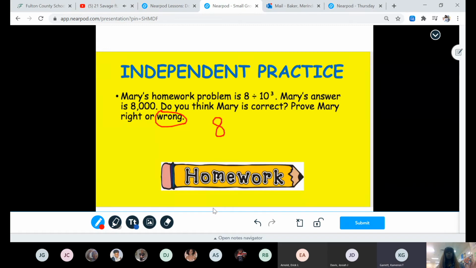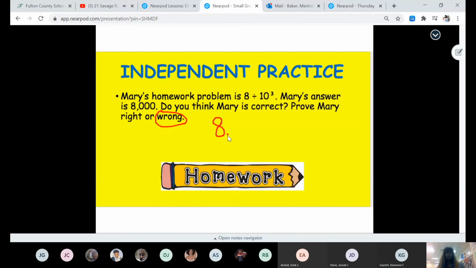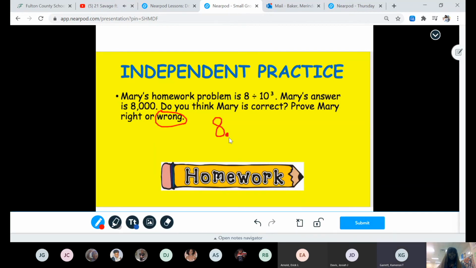Do you remember? It goes behind the ones place. So this 8 is in the ones place, so I need to place my decimal here. All right, now, Cameron, I need step 2. Are we multiplying or are we dividing? Dividing. So am I going to move this decimal to the left or to the right? To the left? Yep, I need to move to the left.